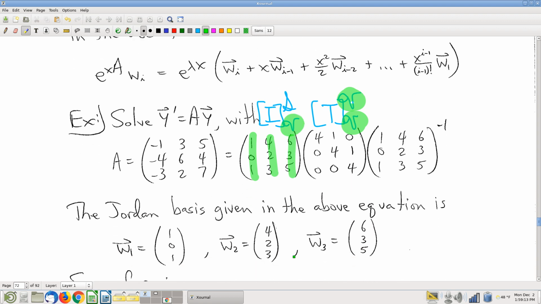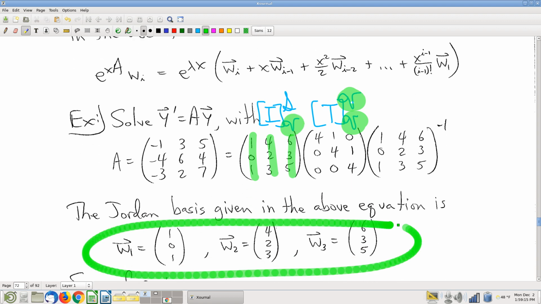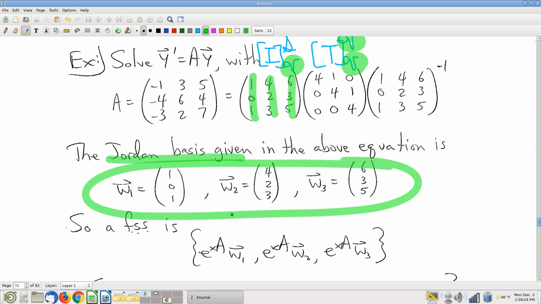We've got ourselves a Jordan basis. And once we know the Jordan basis, we immediately know that I can take those Jordan basis vectors and just multiply by the matrix exponential to get this fundamental set of solutions here.